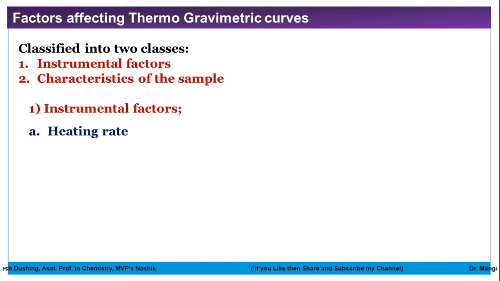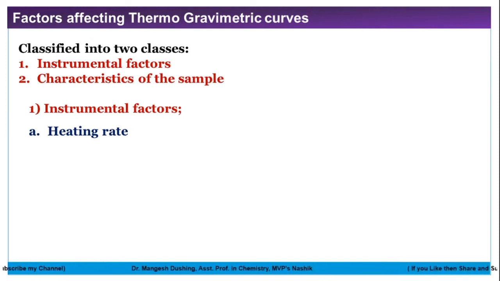Friends, the thermogravimetric curve depends upon the heating rate. If a substance is heated at a faster rate, then it decomposes at a higher temperature, while if it is heated at a slower rate, it decomposes at a lower temperature.